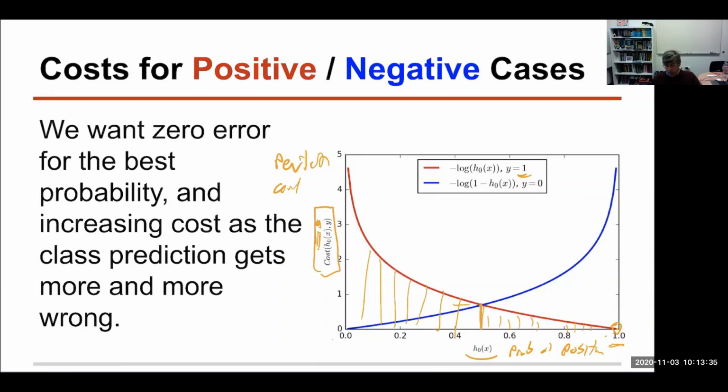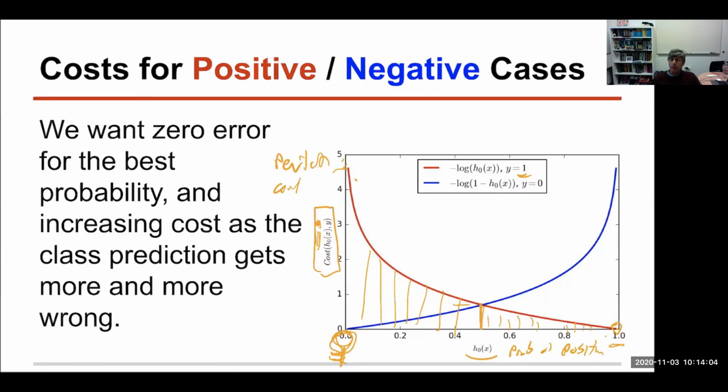If you are absolutely certain that it was negative, which means you said it was a probability of 0 of being positive, and it was positive, you should pay a potentially infinite penalty. So the shape of what we want is a penalty function like this.